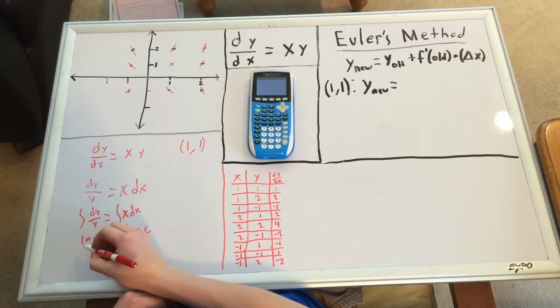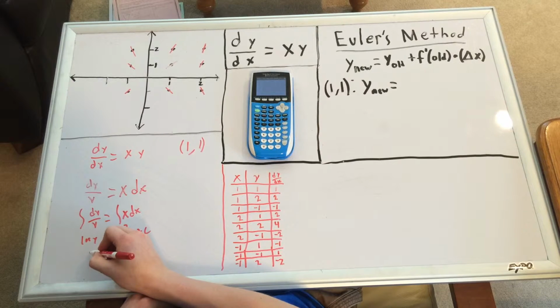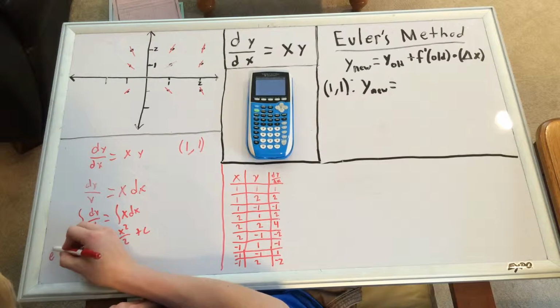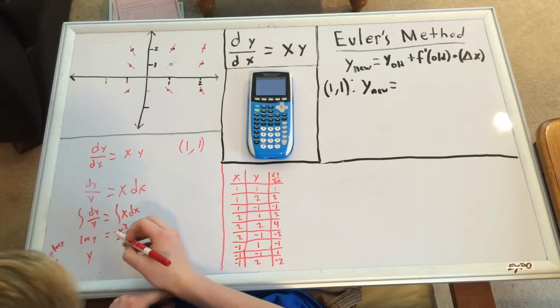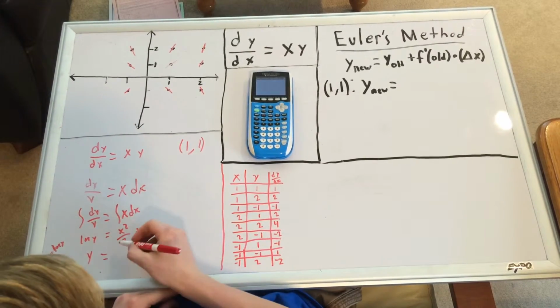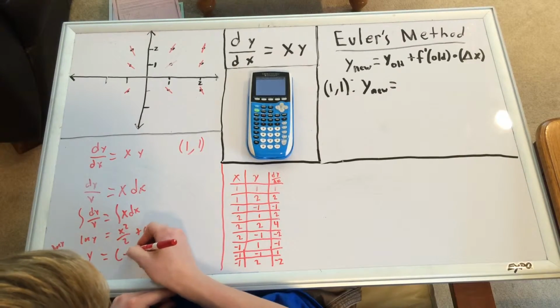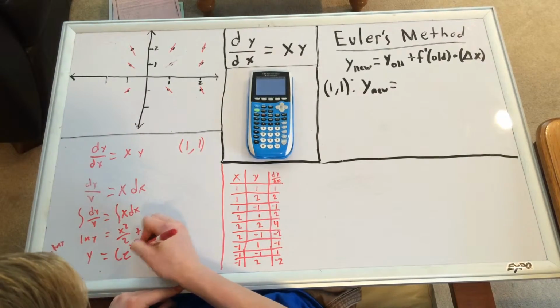Then we will e to the both sides, getting y, because the e to the ln of y is just y. So we will get y equals c e to the x squared over 2.